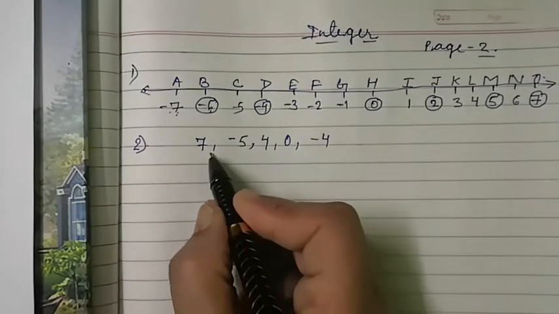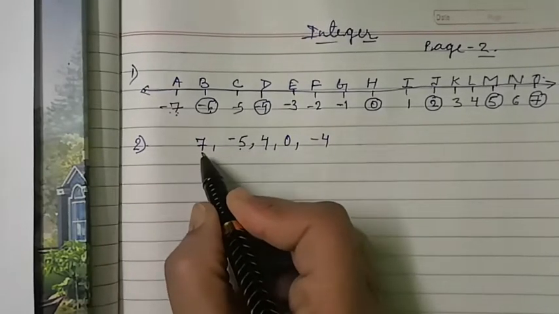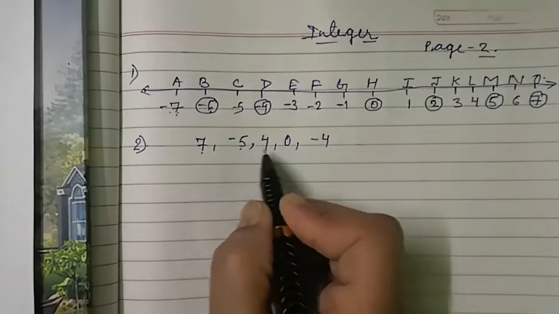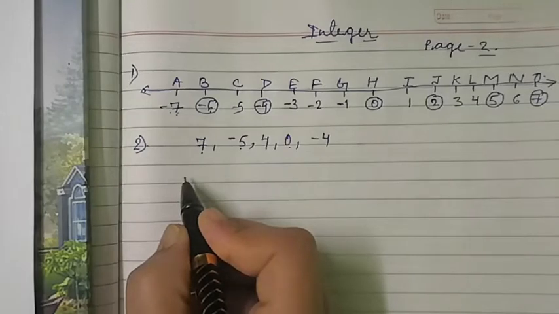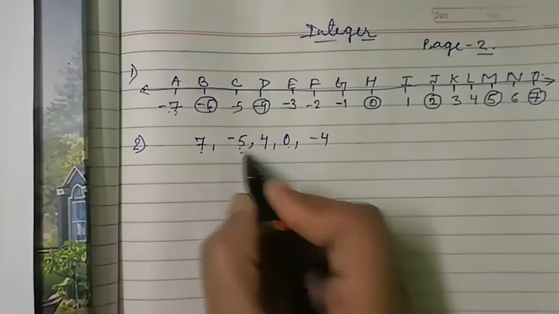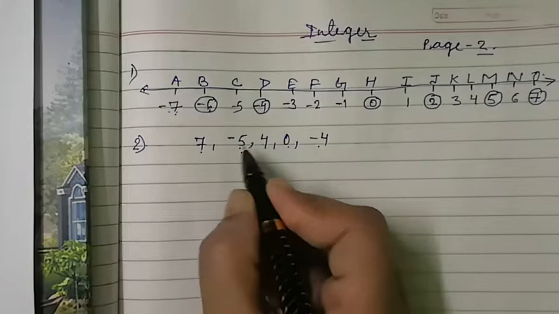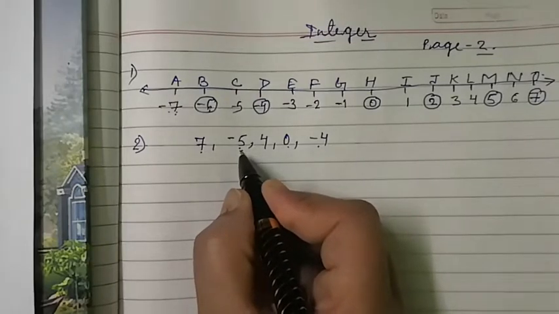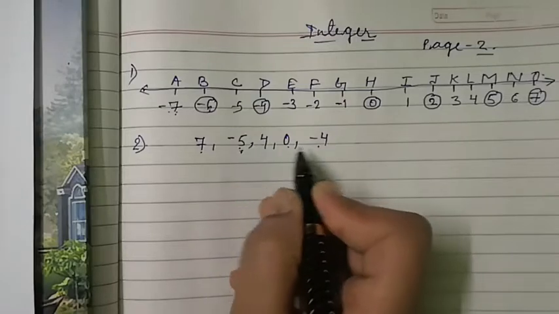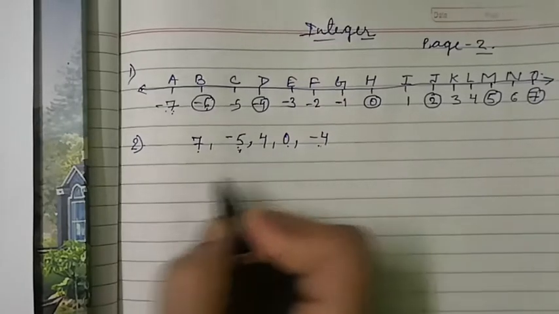First of all, negative integers and positive integers are given along with 0 also. The smallest numbers will be the negative integers, but two negative integers are given here.